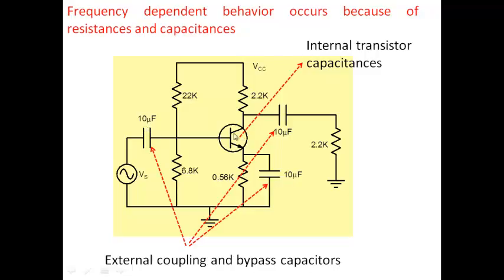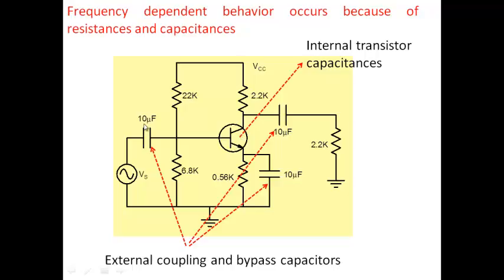In the quiz, for example, you had to calculate the capacitances of the transistor, and transistor capacitances depend on the kind of transistor, but are in picofarads or even lower. In some cases it can be hundreds of picofarads as well. So you can see the difference in the range: these are in picofarads and these are in microfarads.